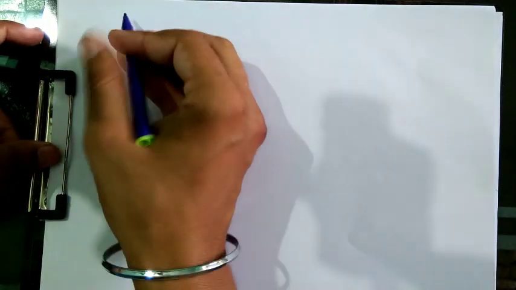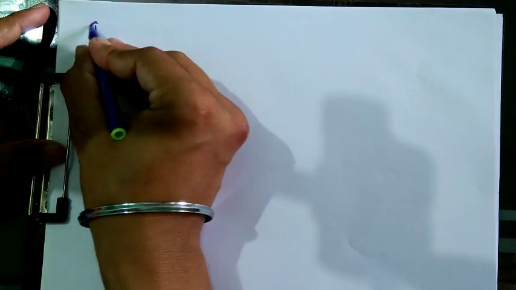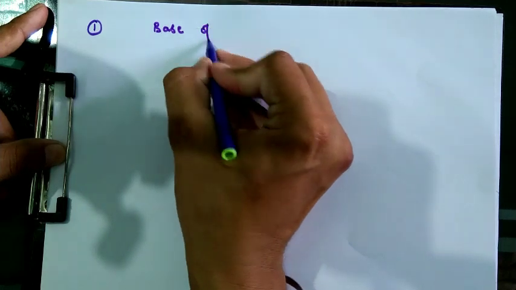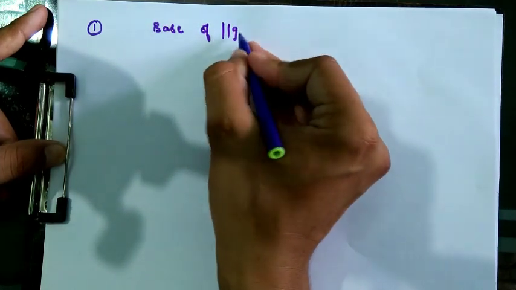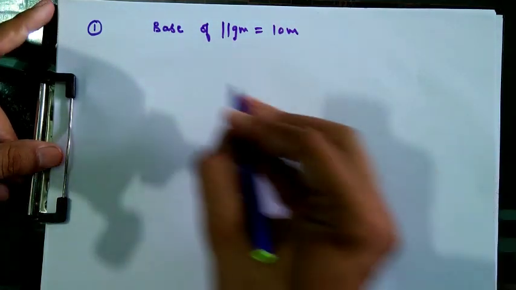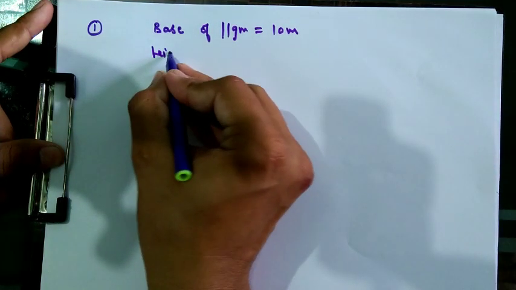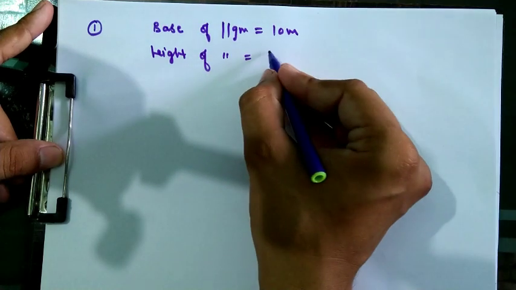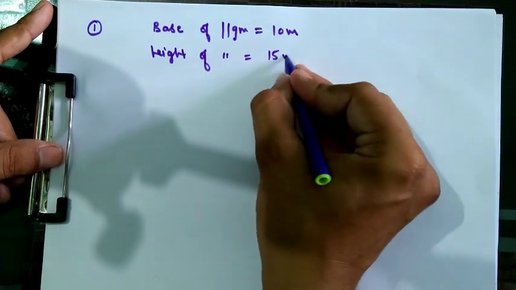First question: if the base of a parallelogram is 10 meter and the corresponding height of the parallelogram is 15 meter.